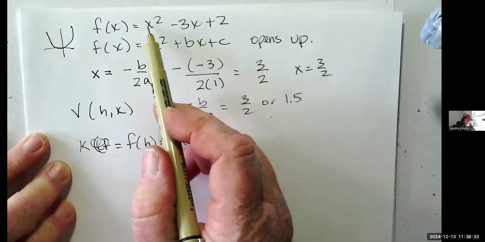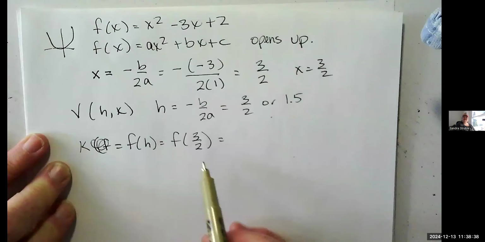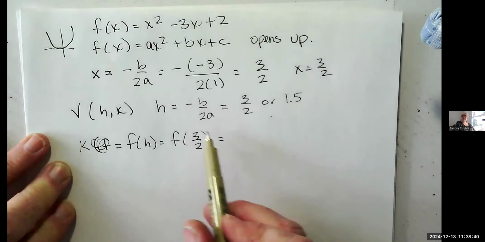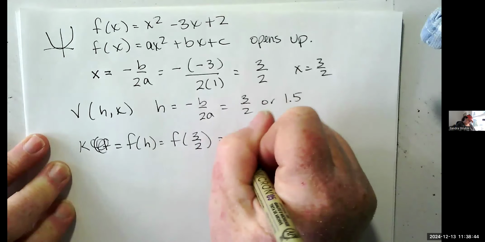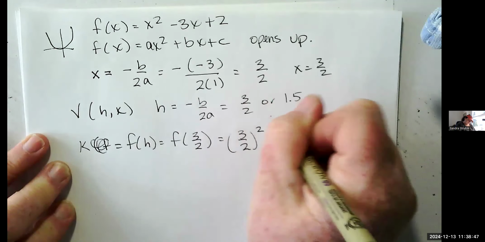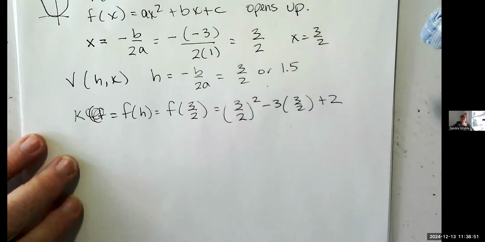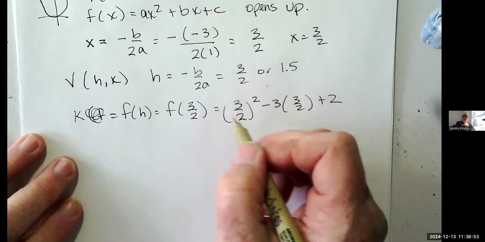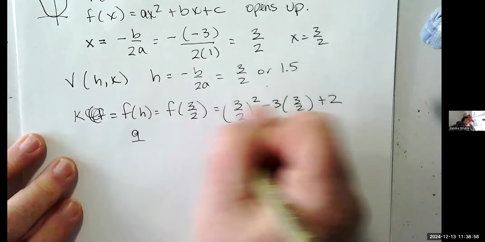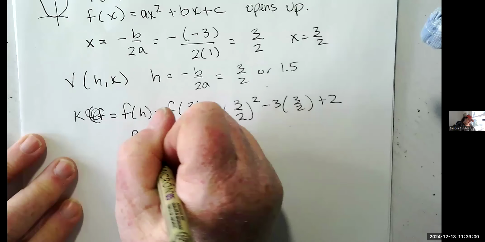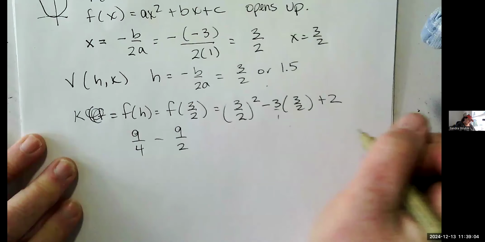All right, so now we have to take the x squared minus 3x plus 2, and everywhere there's an x, because this is F of x, I need to plug in 3 halves or 1.5. When you square the 3 halves, it's 3 squared is 9, over 2 squared is 4, minus, this is over 1, 3 times 3 is 9, over 2, plus 2.